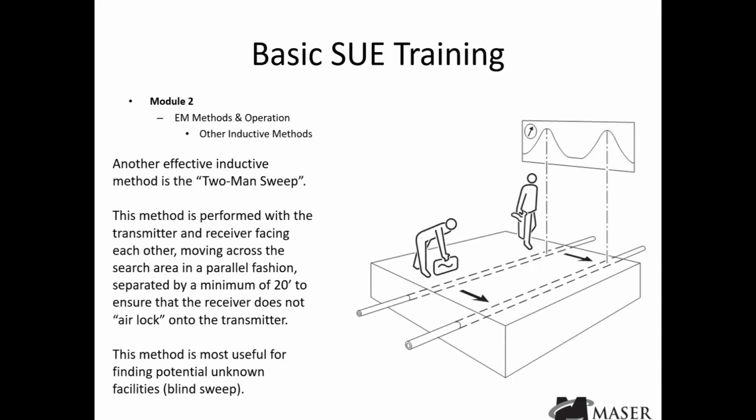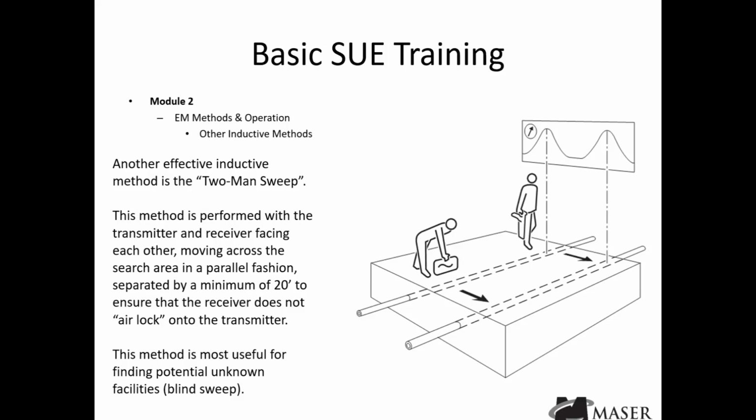One of the other methods that we utilize a lot is called a two-man sweep. This method is basically used by having the transmitter held by one person, the receiver held by another. They're separated by 20 or 30 feet or more, preferably. And then they move in tandem, parallel with one another, across a given area, and wherever there's a signal hit, it's because the transmitter induced a signal on a line and the receiver found it.